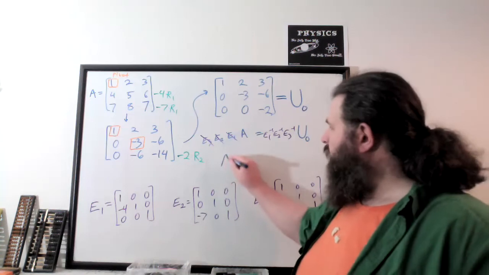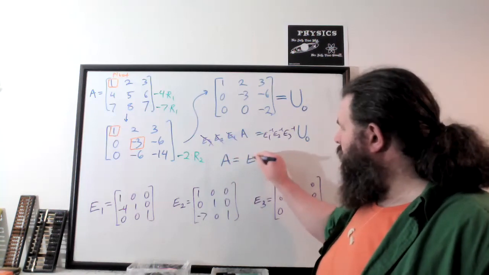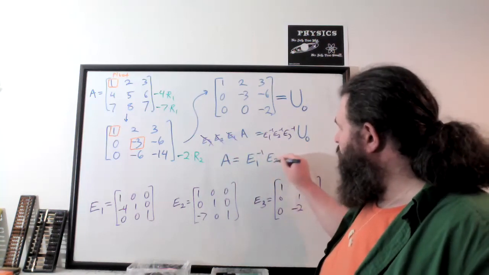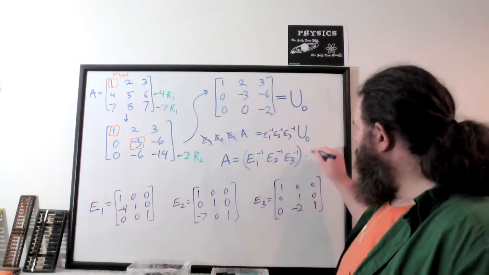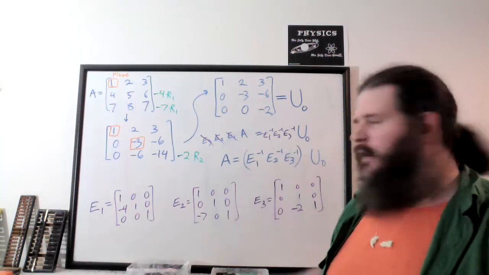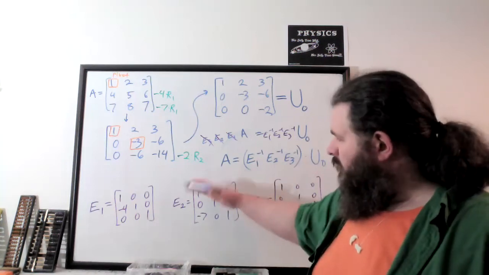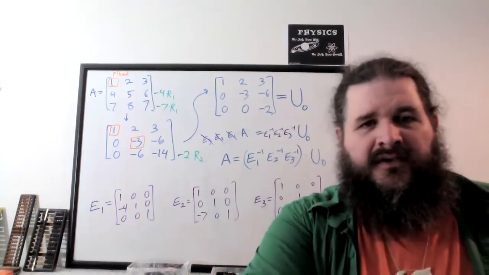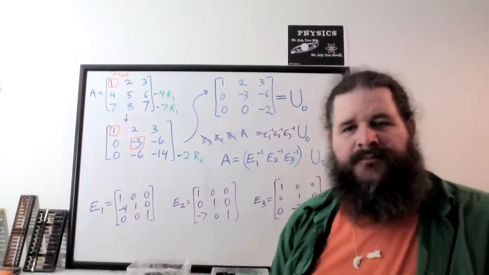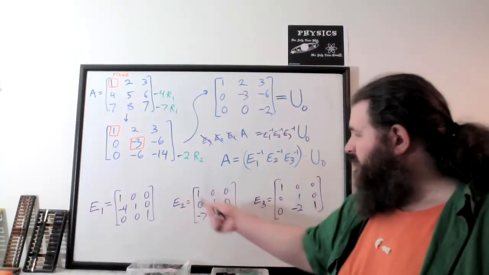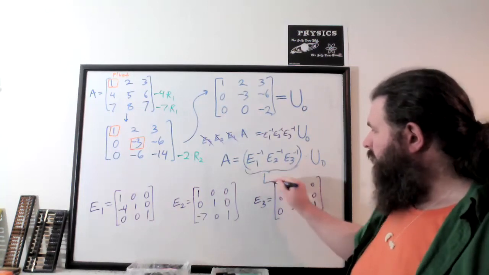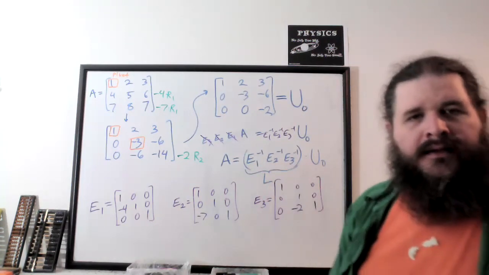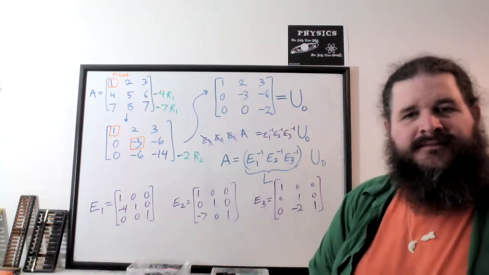So that means matrix A can be written as this trio of elementary transform matrices in this order, inverted, times U0. And these elementary transform matrices are all lower triangular, which means their inverses and products will also be lower triangular. So we just need to invert each of these and multiply them together in this order to get the matrix we're going to call L. Any questions on that so far?